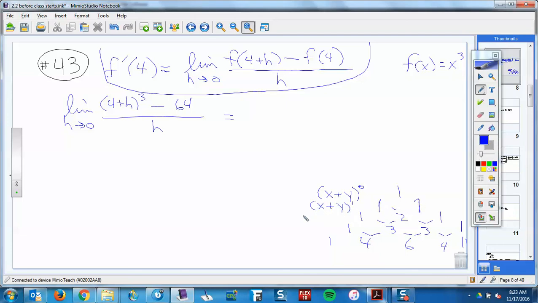If I have x plus y to the second power, that's 1x squared plus 2xy plus 1y squared. 1, 2, 1. And if I have x plus y cubed, then that would end up being, watch this now, 1x cubed plus 3x squared y plus 3xy squared plus 1y cubed.